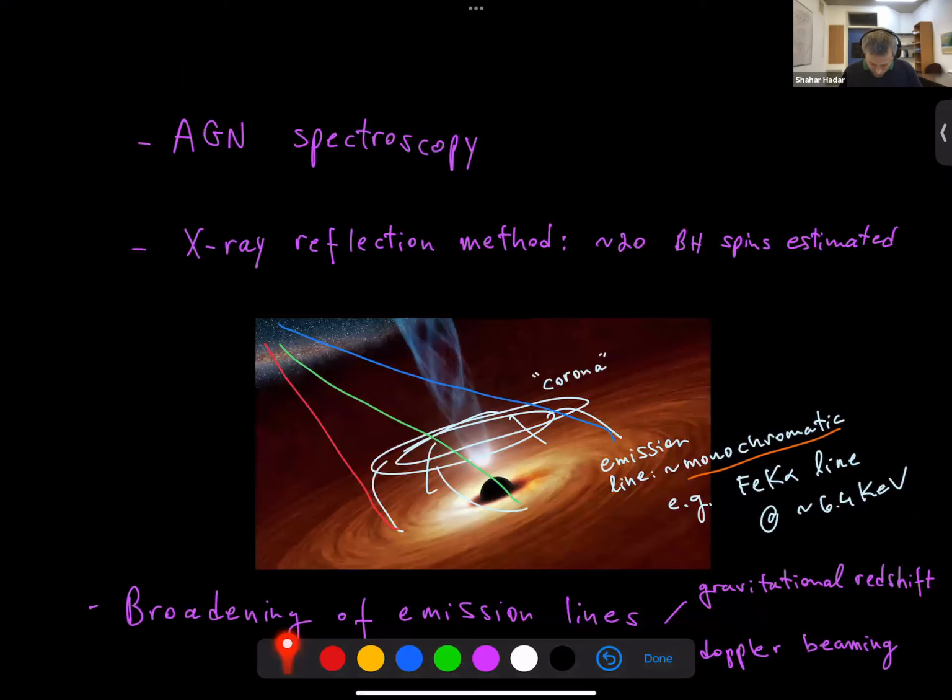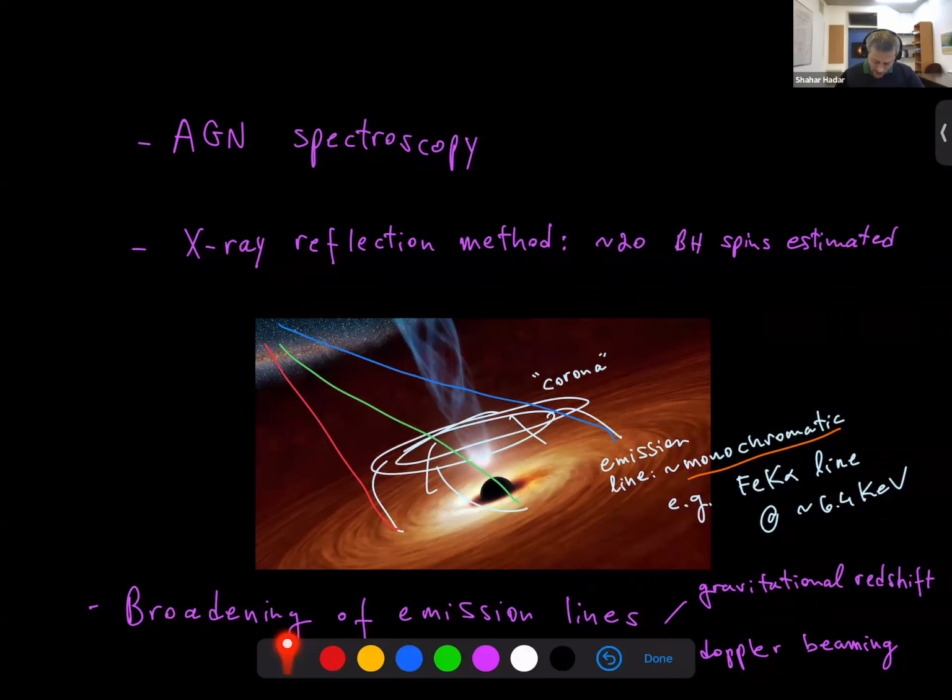So here is another picture of the story, and this is how it's usually thought of in the X-ray reflection community. The current view is that there's this corona above the accretion disk, located above the black hole, and it's emitting and reflecting from the disk from different locations.